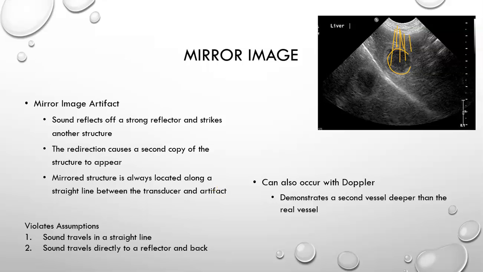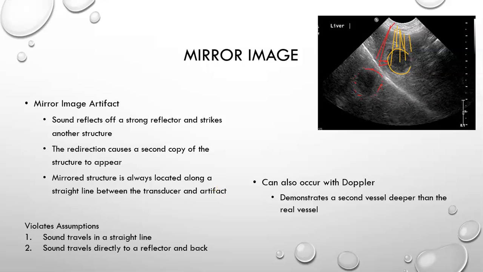But along some other scan lines, unfortunately, what happens is the sound comes down, hits the diaphragm, comes over and hits this lesion, and then bounces off, hits the diaphragm again, and comes back up to the transducer, causing the lesion to appear deep to the reflector, which is the diaphragm.